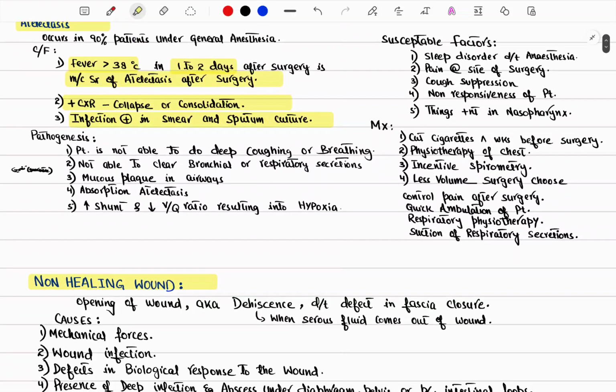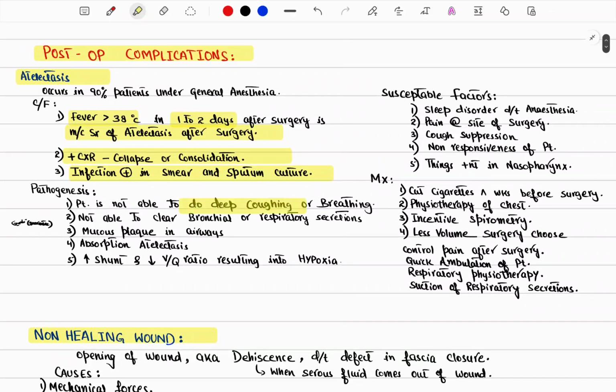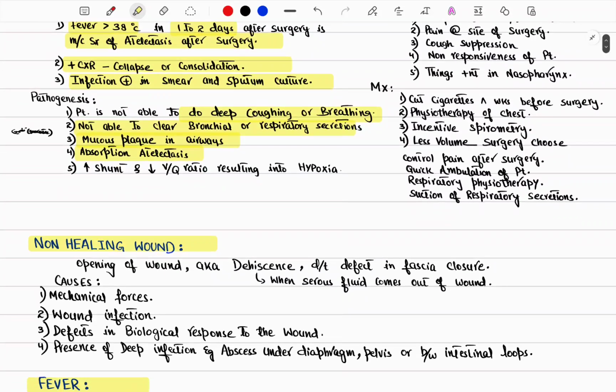Pathogenesis of atelectasis: we know that the patient is not able to do deep coughing or breathing. The patient is not able to clear his or her bronchial or respiratory excretions, and there is a mucus plug which forms in the airways, and absorption atelectasis can also occur.